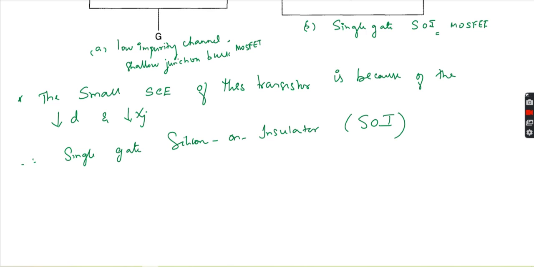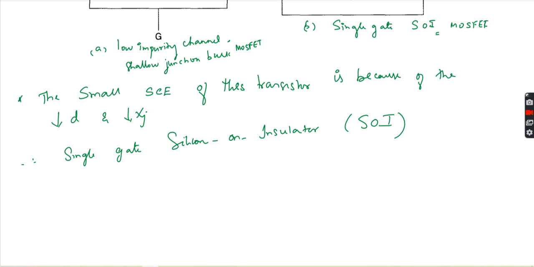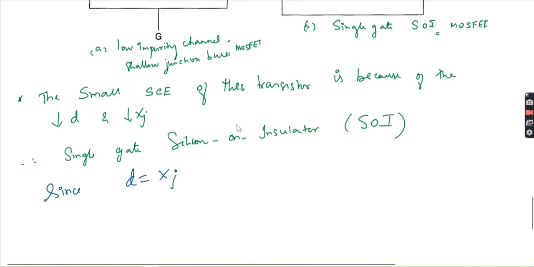In that case, since d is equal to xj, see this in this diagram, d is equal to xj.